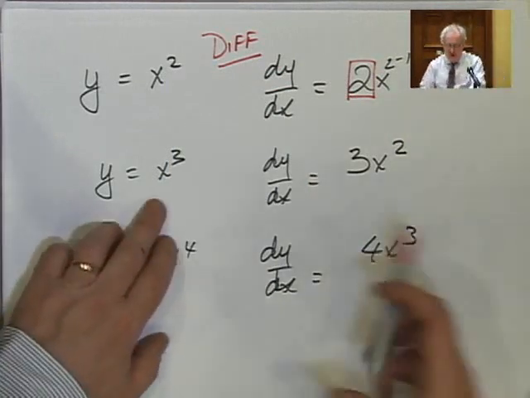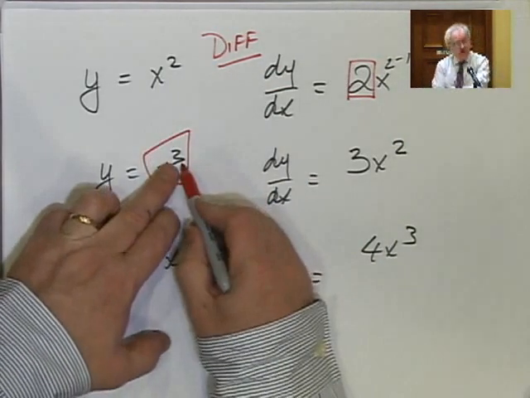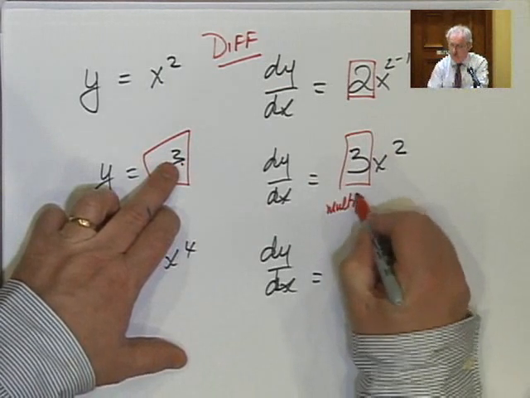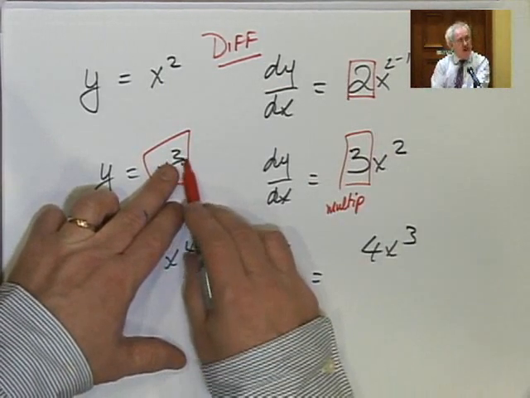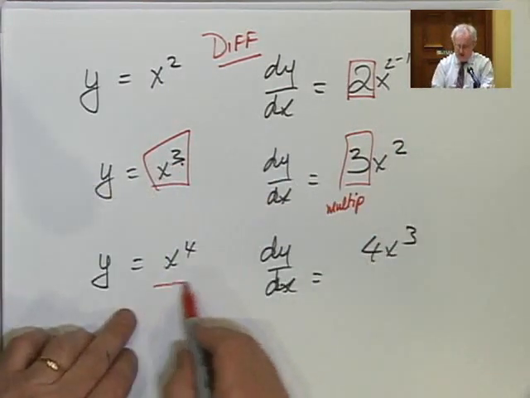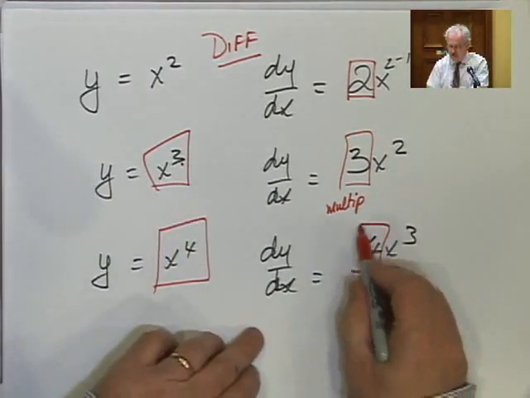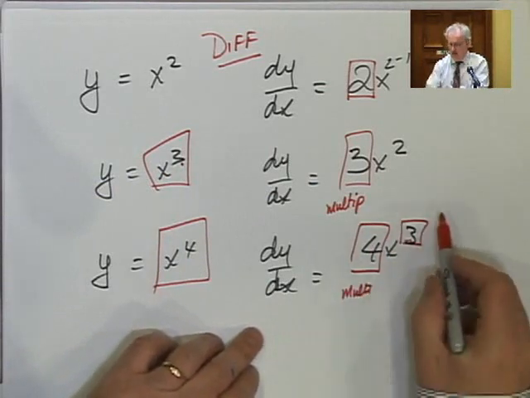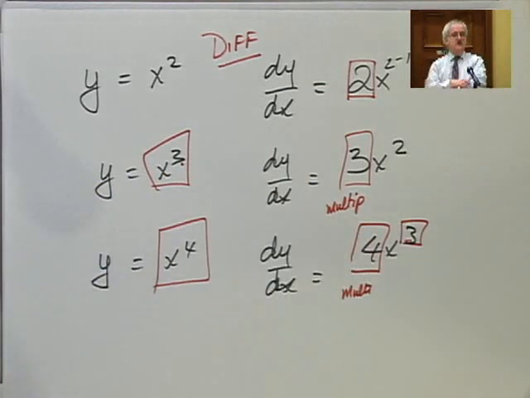Again, this number here, it takes the number on the top, makes it multiplication, and what does it do here? Makes that 3 minus 1, takes 1 from it. This one here, multiplication, and this one here, 4 minus 1. Is that okay?